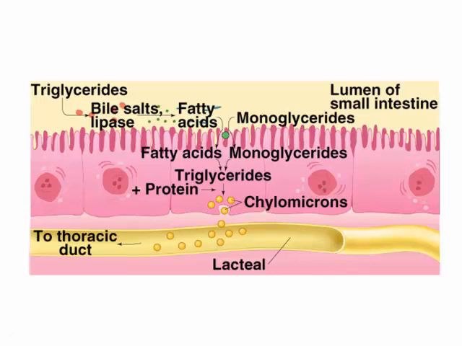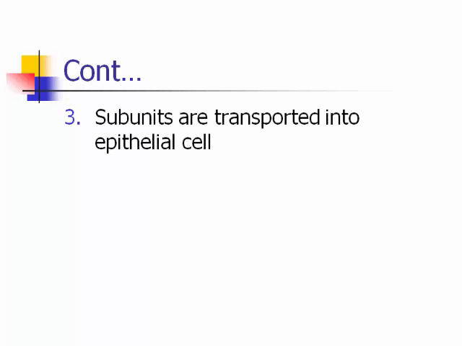Okay, seems a little complicated, but these triglycerides don't like the water. So when you add a protein to it, it makes it protected, and now it's going to travel easily through the blood and the lymphatic system. So the subunits, the free fatty acids and the monoglycerides, are transported into the epithelial cell.